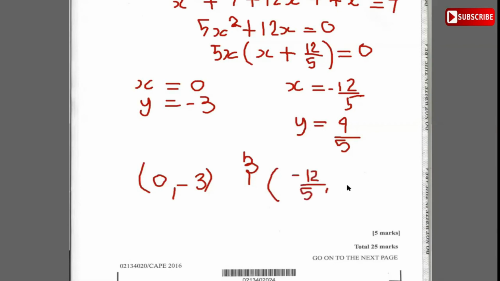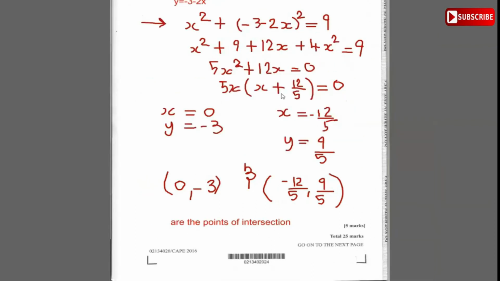These are the 2 points of intersection. Always give a little statement to say that these are the points of intersection. Nice and easy, not too bad.